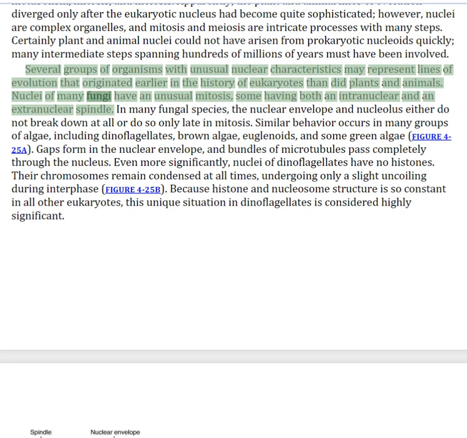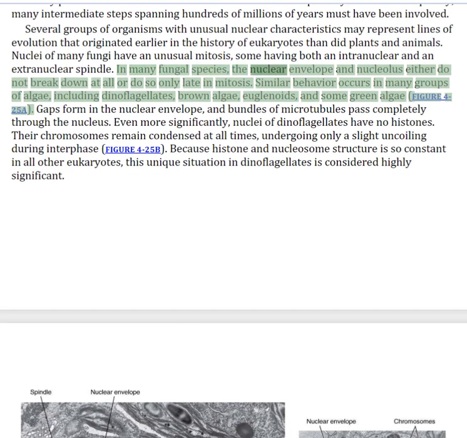Nuclei of many fungi have an unusual mitosis, some having both an intranuclear and an extranuclear spindle. In many fungal species, the nuclear envelope and nucleolus either do not break down at all or do so only late in mitosis. Similar behavior occurs in many groups of algae, including dinoflagellates, brown algae, euglenoids, and some green algae.